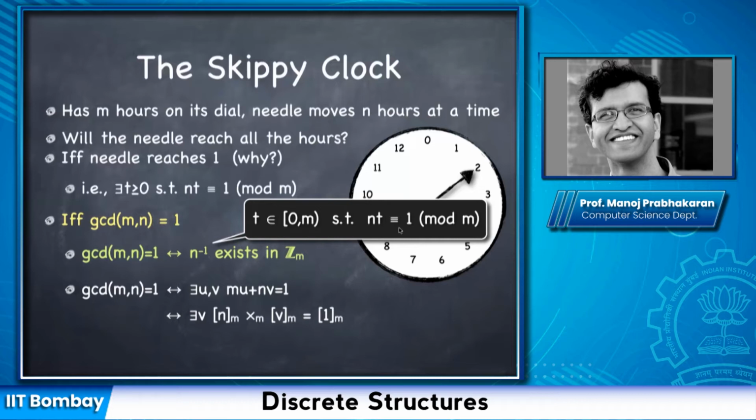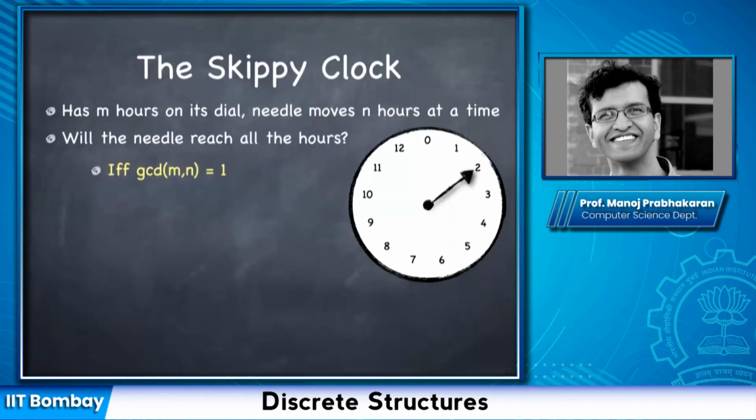However, it doesn't fully answer everything about the Skippy clock. In particular, suppose m and n are co-prime, so then we know that it will eventually reach every number. But how long will it take to reach all the hours?